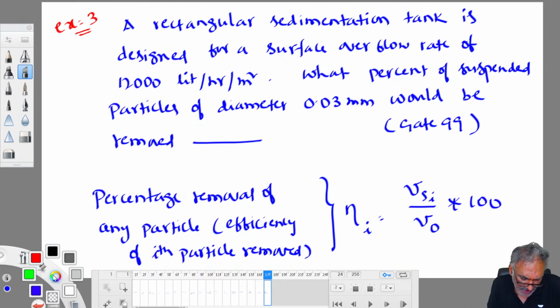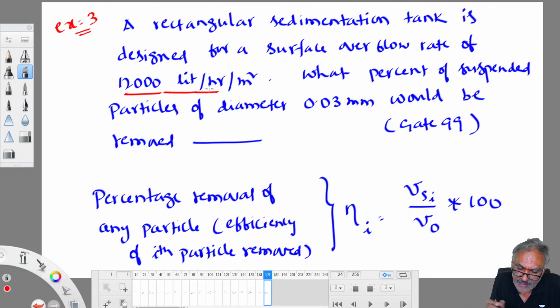So in this case what is given? V0 is given as 12,000 liters per hour per meter square. To find out the settling velocity, what is given to you? The diameter of the particle is given. In addition to that, kinematic viscosity is also given.